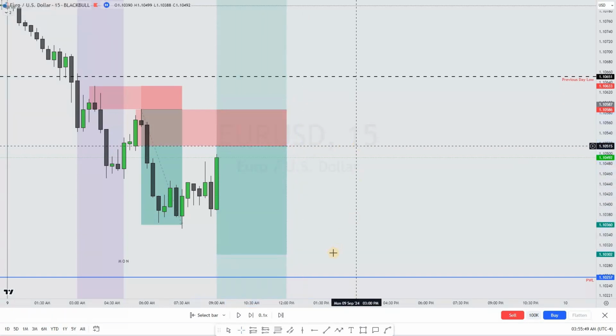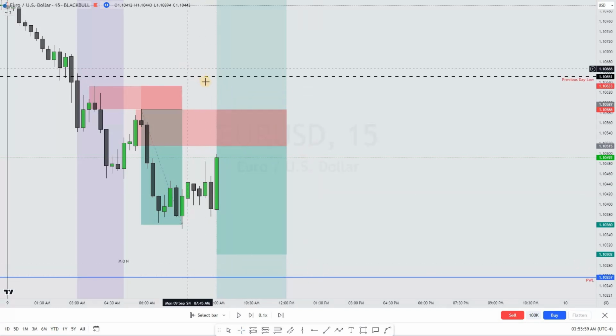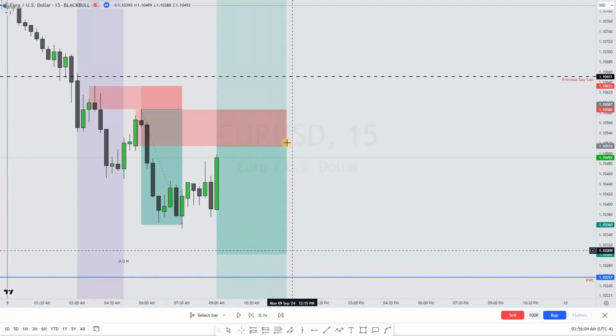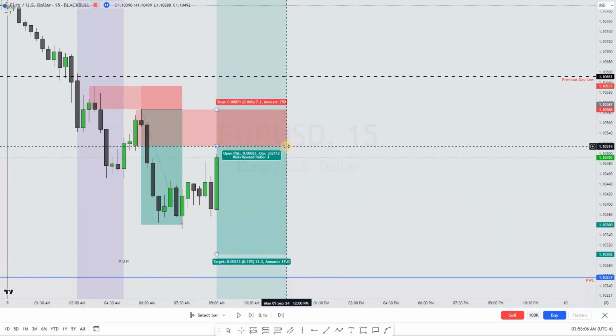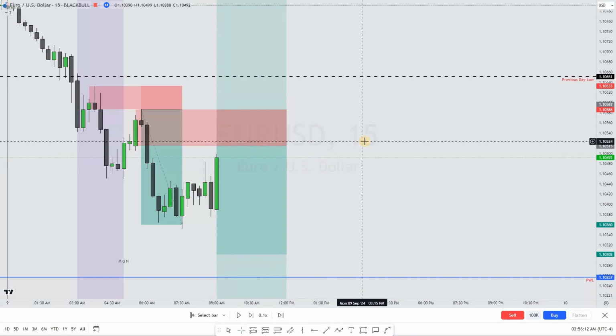Why is it 1 to 3 while I'm looking for this level down here? The same reasons came into mind: this is Monday, we've already taken this previous day low. And even though I was sure that this level will be taken, I did not want to take a chance. So that's why I just decided to leave it at 1 to 3. 1 to 3 is my preferred take profit size anyway.